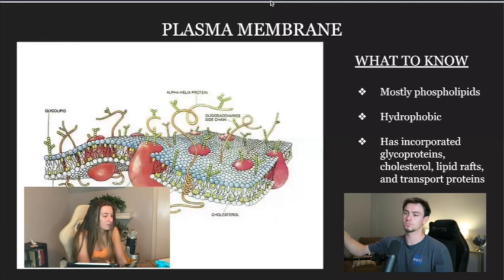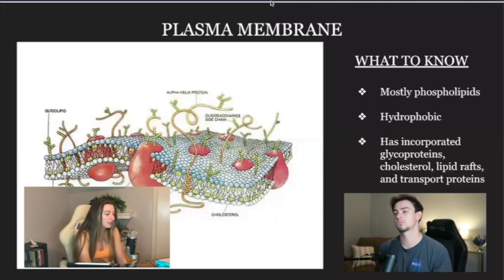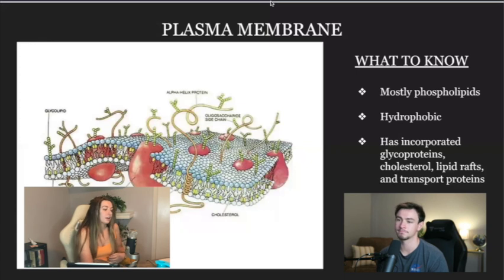The kids are the transport proteins, or maybe the floaties would be the transport protein because those have a hole in the middle for solutes to go through. And then the kids are the cholesterol because they're bad for your heart health. And then they've got other stuff like glycoproteins and sterols, just kind of swimming around, and things can kind of move.